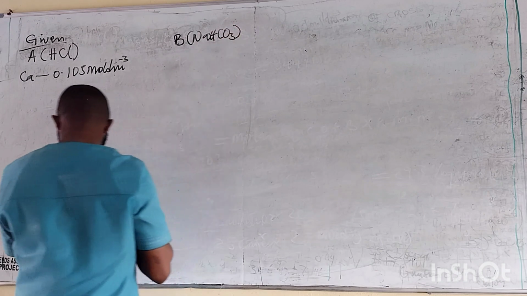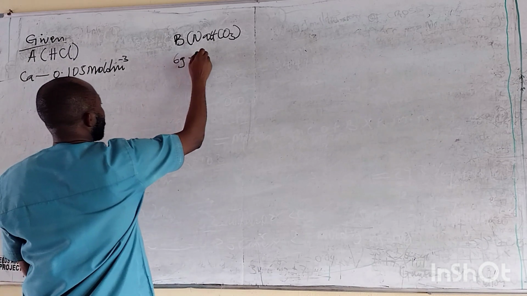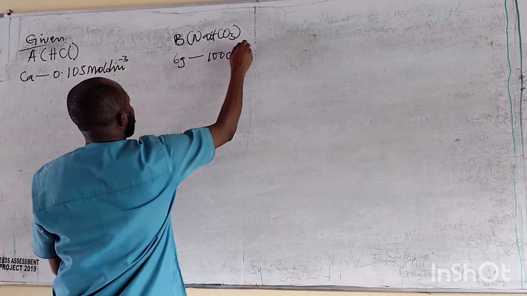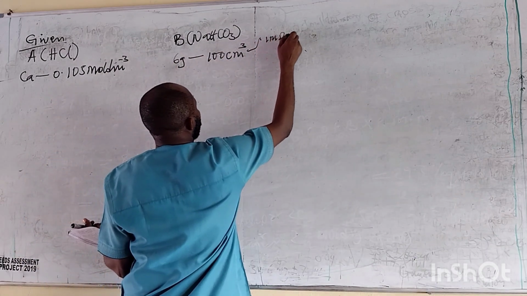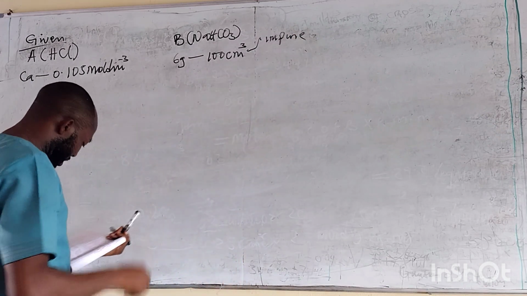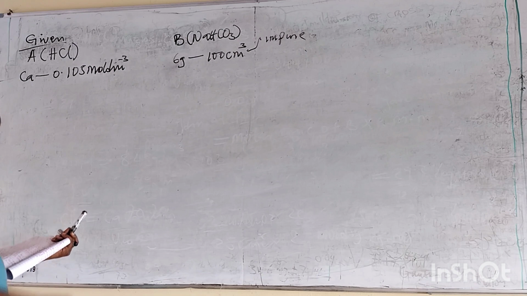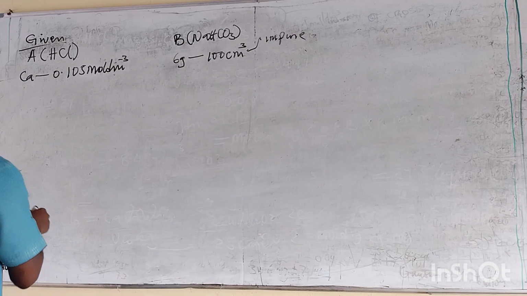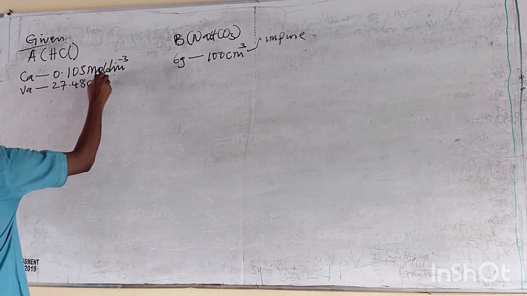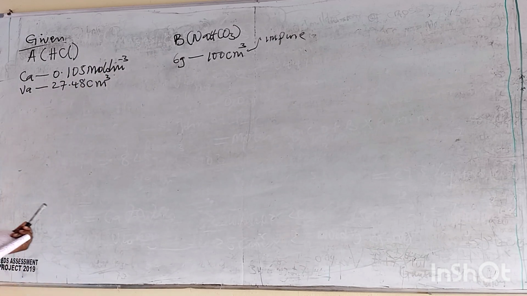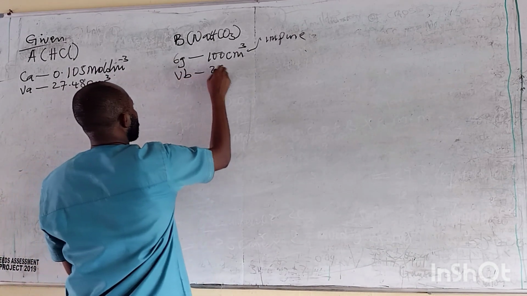This is the mass quantity of impure baking powder. We'll find out. In a titration, an average of 27.48 cm cube of A, the volume of the acid, neutralizes completely 25 cm cube of B, the volume of the base.